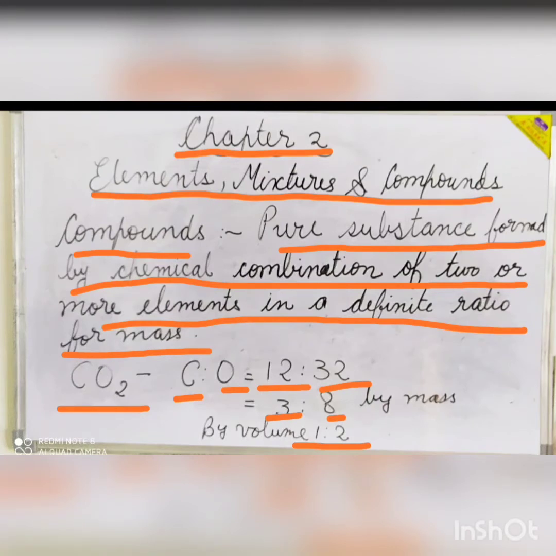Hydrogen is a combustible gas and oxygen is a supporter of combustion, whereas water is a liquid and it is neither combustible nor a supporter of combustion. Similarly, carbon dioxide also has totally different properties from its constituent elements, carbon and oxygen.